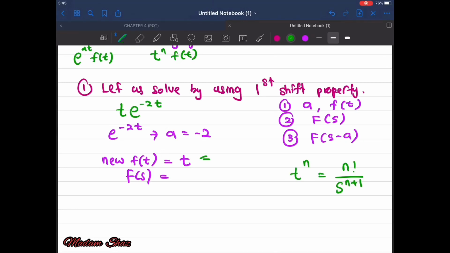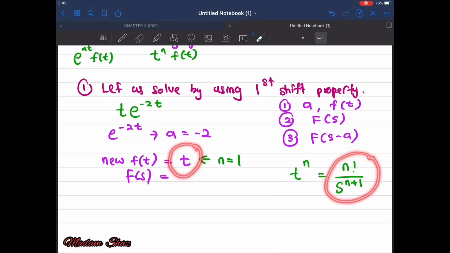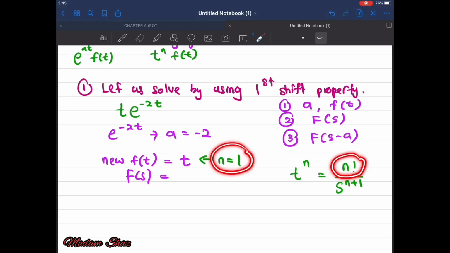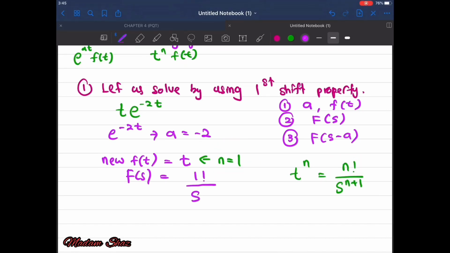From t to the power of 1, our n is equal to 1. Therefore, the Laplace of t becomes 1 factorial over s^(1+1). Now we simplify: 1 factorial over s to the power of 2.